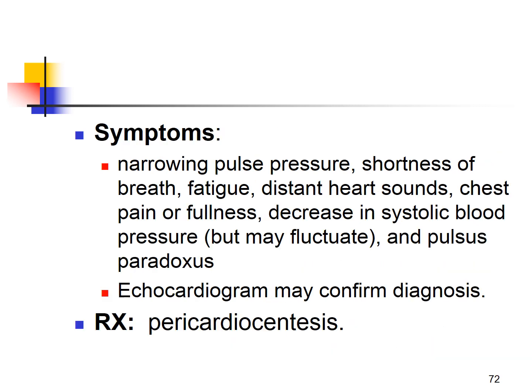So what are the signs and symptoms? Well, narrow pulse pressure, shortness of breath, fatigue, distant heart sounds because of the fluid, chest pain, fullness, and a decrease in systolic blood pressure. So there's fluid, so what we're going to do is try to remove the fluid. Pericardiocentesis is the treatment. Next slide.